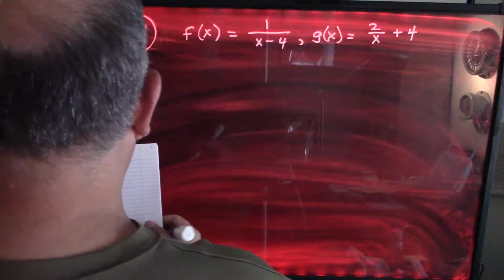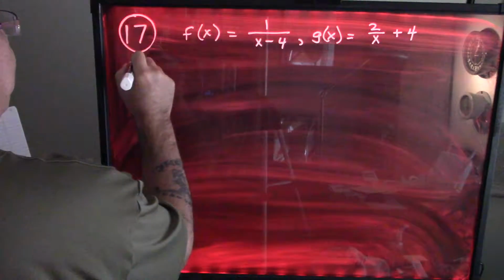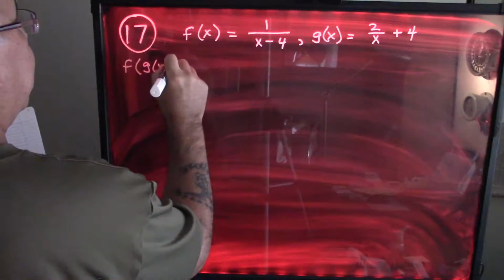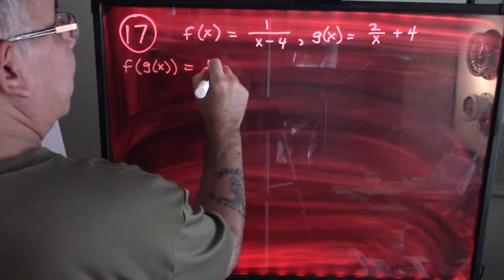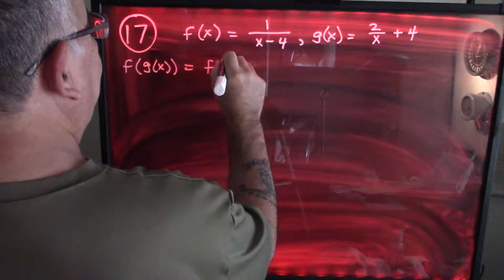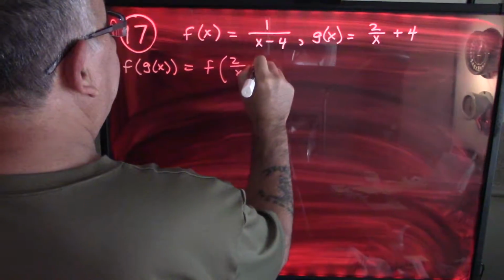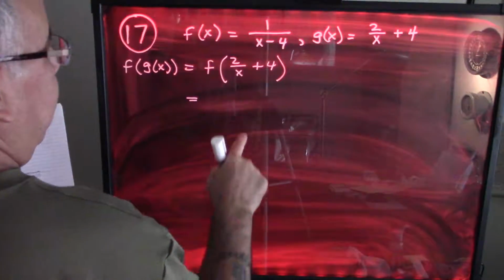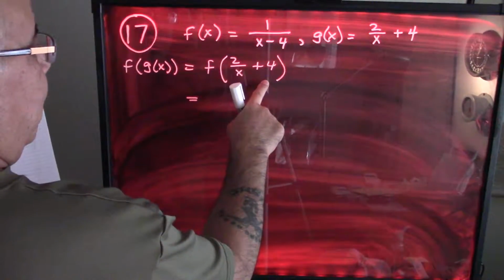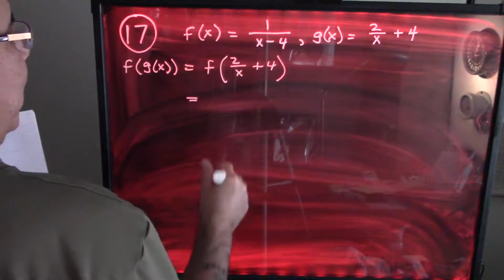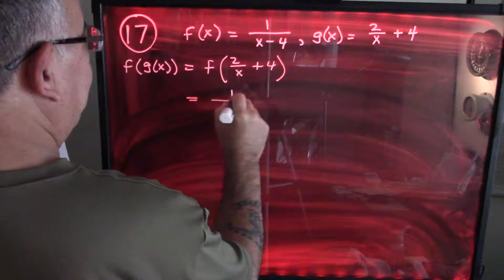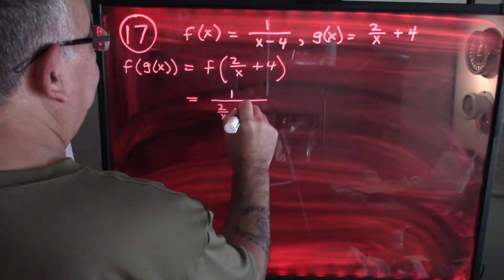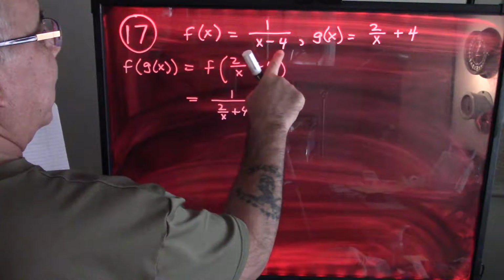So we have f of g of x first. That's f of 2 over x plus 4. You plug 2 over x plus 4 into f of x, so you've got 1 over 2 over x plus 4, and then you have minus 4.